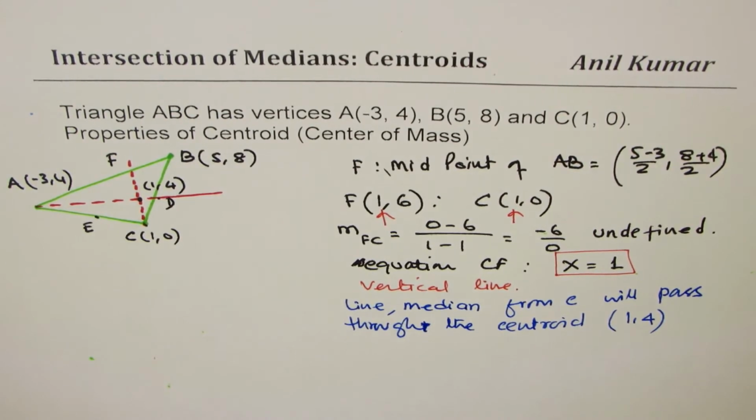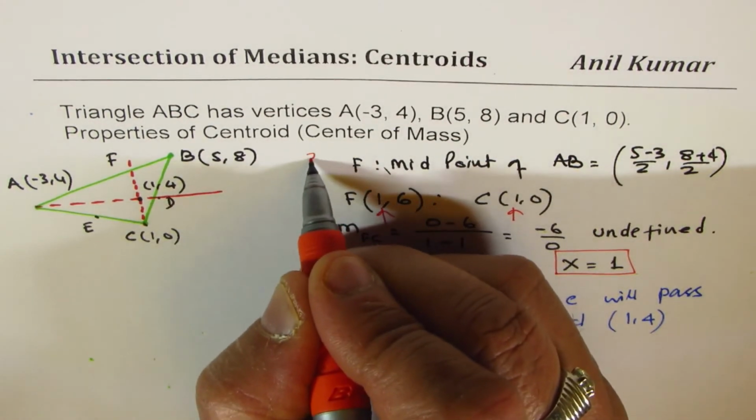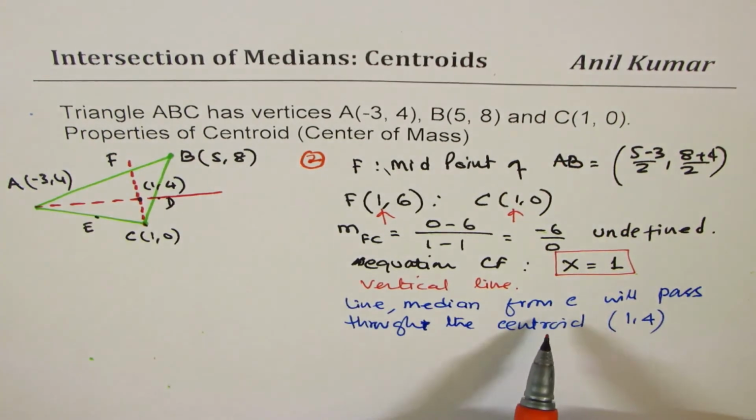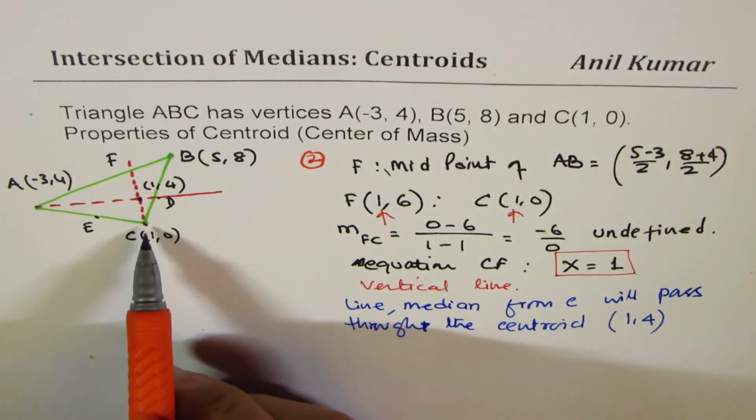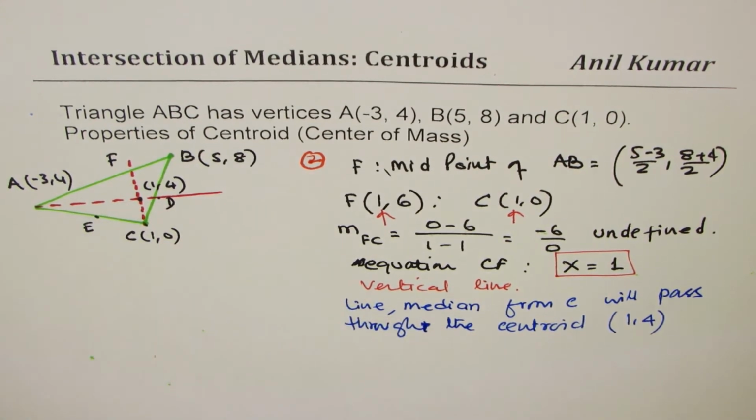So we have shown part 2, that the median from the third vertex will also go through the point of intersection.